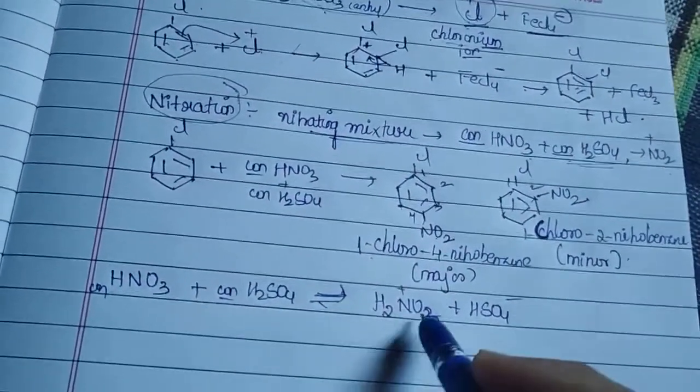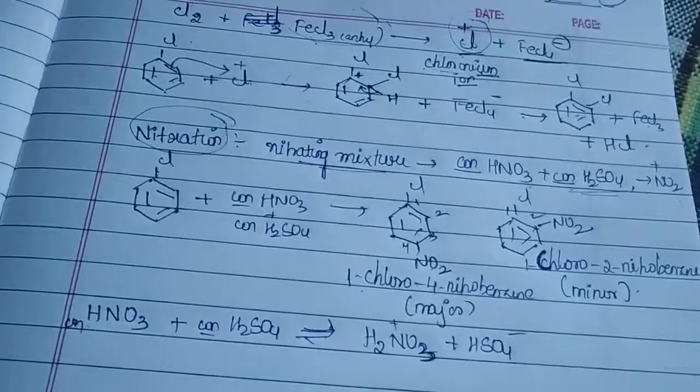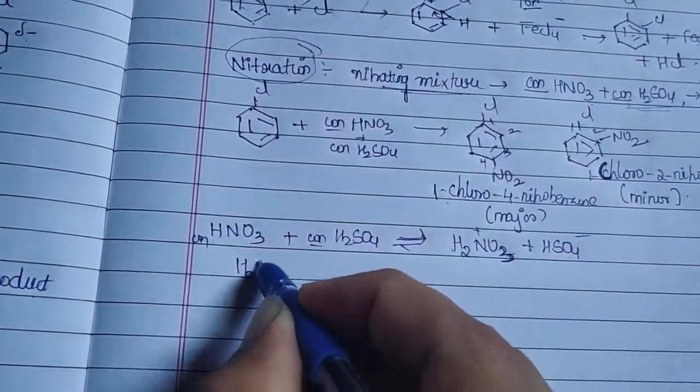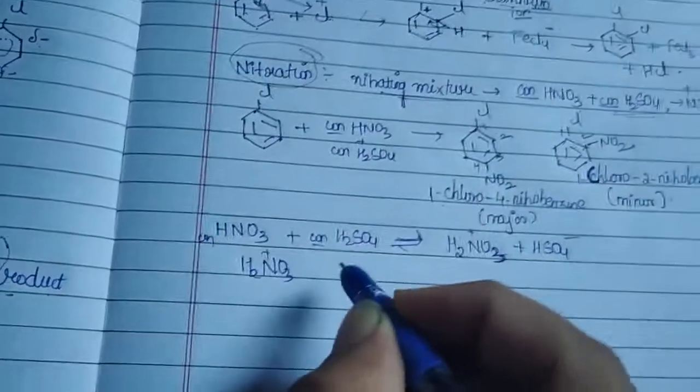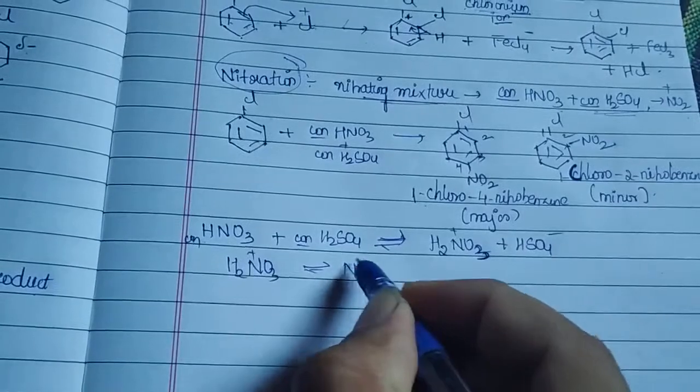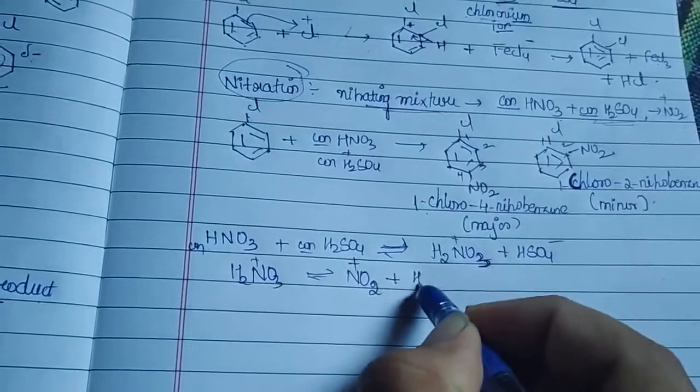Here HNO3 becomes H2NO3+ plus HSO4-. Then this H2NO3+ is going to dissociate to give the nitronium ion plus water.